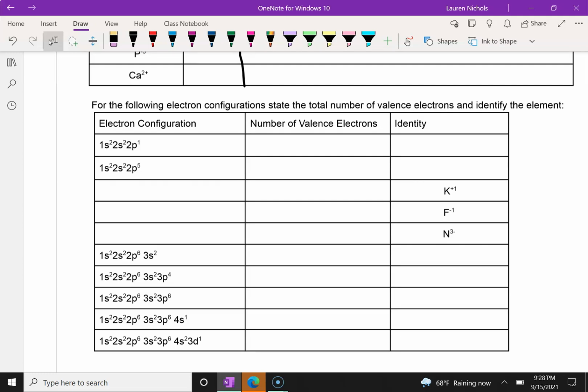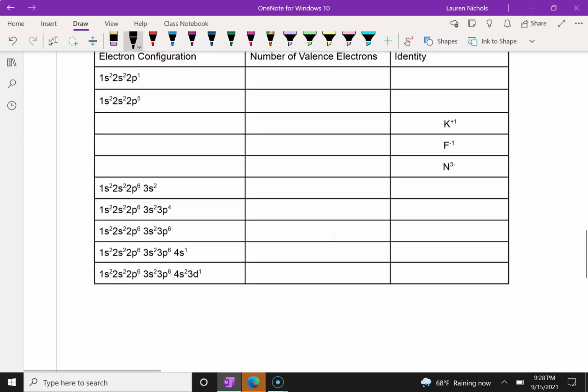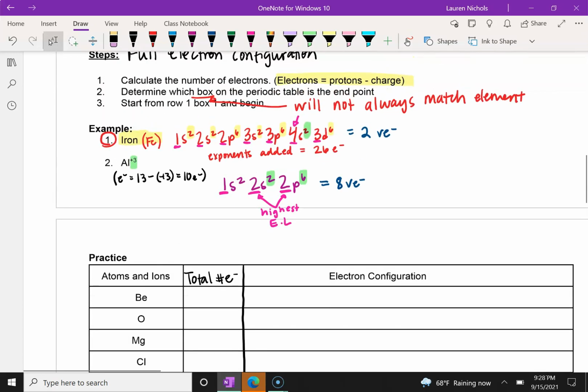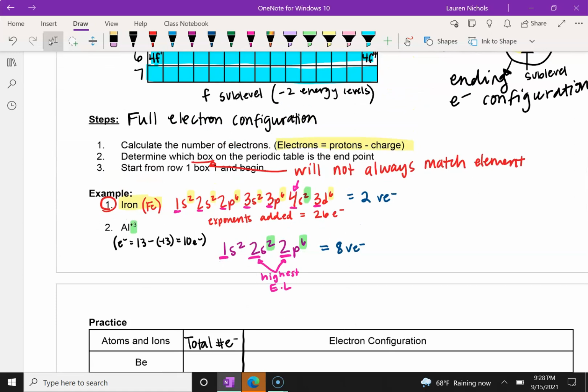Or if I give you the identity, I want you to go backwards and tell me the valence electrons and the electron configuration. Okay, so we're kind of going back and forth in reverse. Okay, so this becomes very easy once you've practiced, but it does take time. So go ahead and begin your practice.